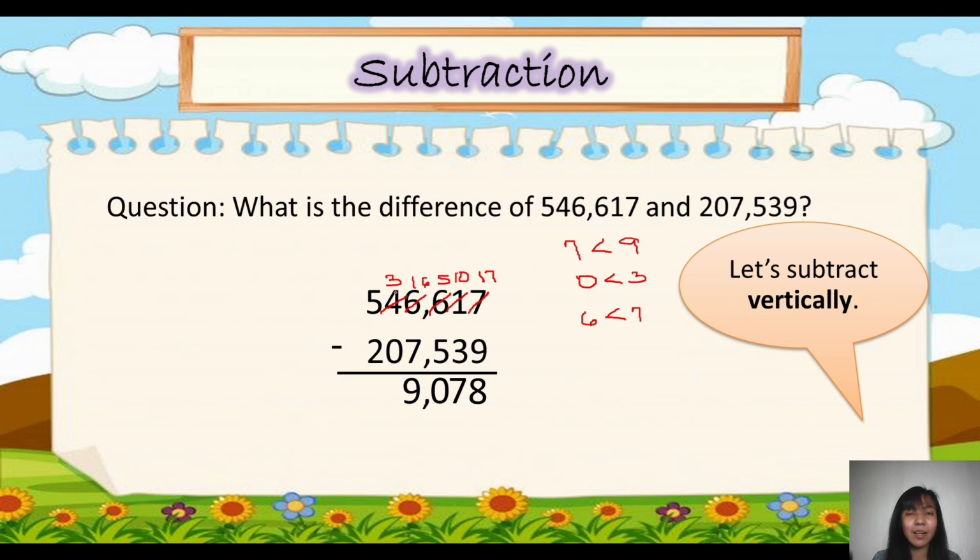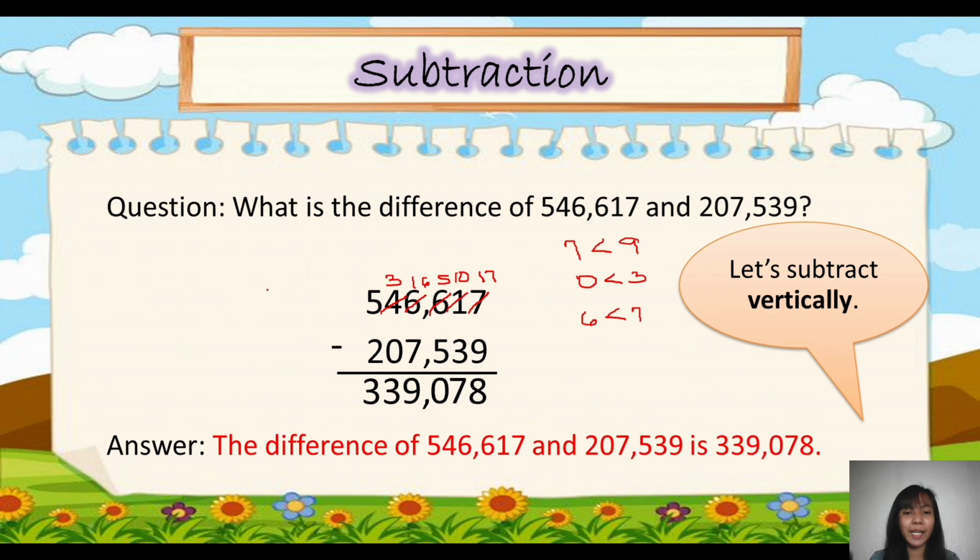Okay. 3 minus 0. 3 is bigger than 0, so you don't need to borrow, alright? 3 minus 0 is 3. 5 minus 2, 5 is bigger than 2, so no need to do anything here, alright? So 5 minus 2 is 3.